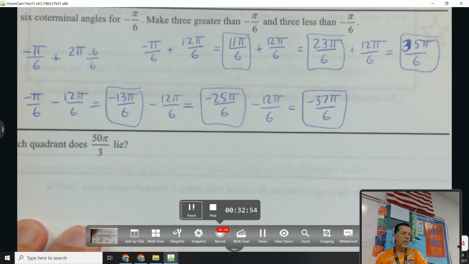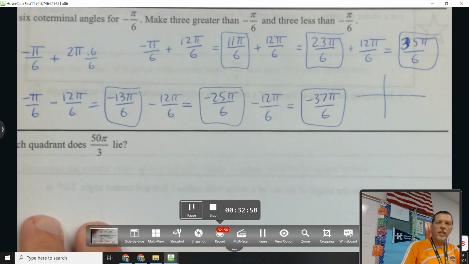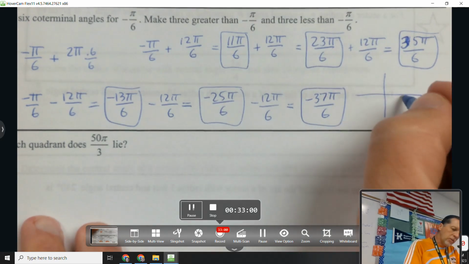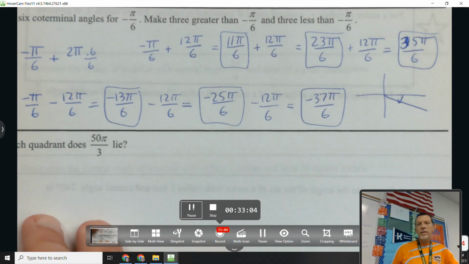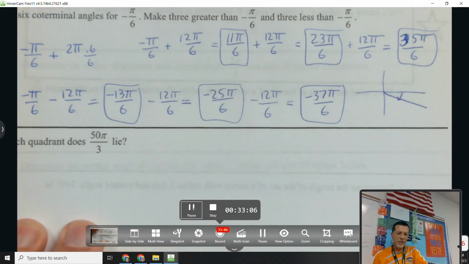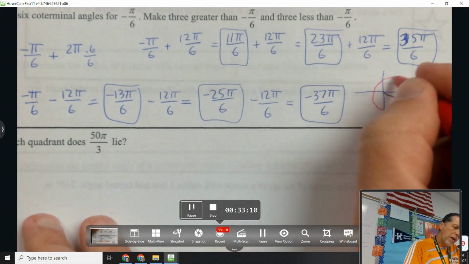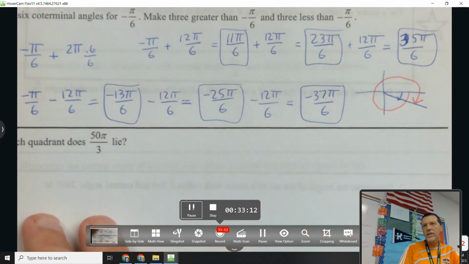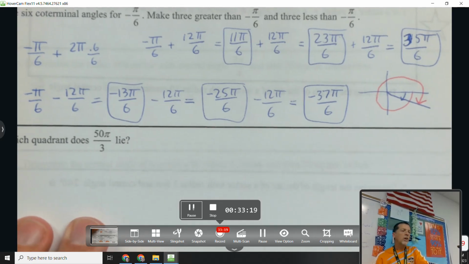And again, the whole point is that all of those angles, negative pi over 6 would be backwards 30 degrees, would be right there. The rest of them would land right there. They would just get there going crazy ways, like all the way around, backwards, and then a little bit more, or forwards 3 times, and then they all land at the same spot. They're all coterminal, same ending.